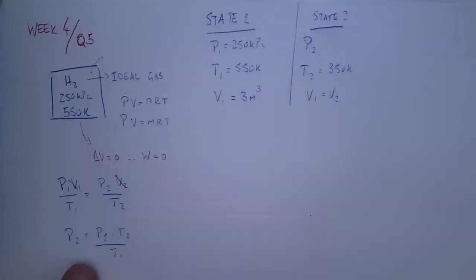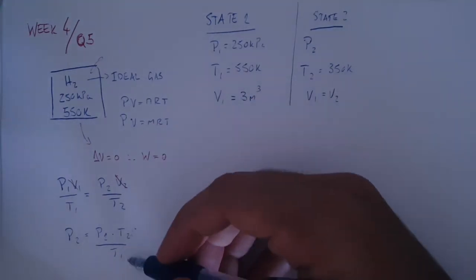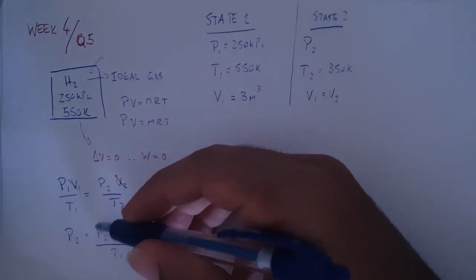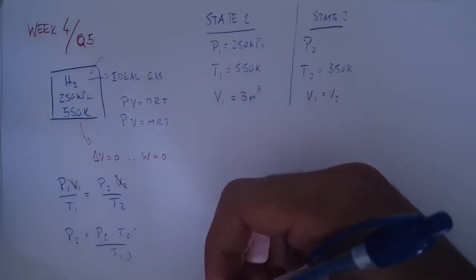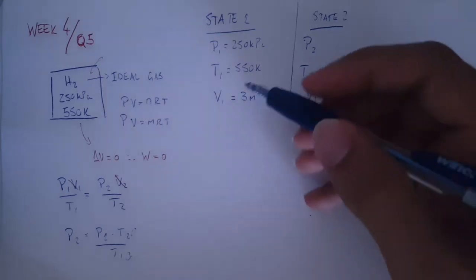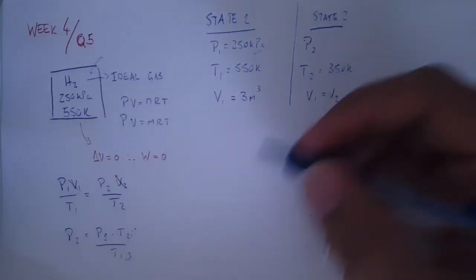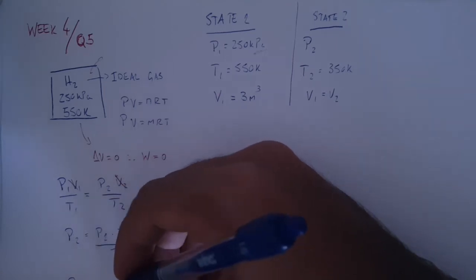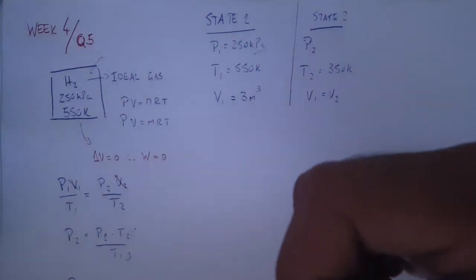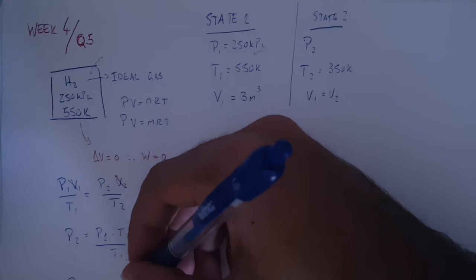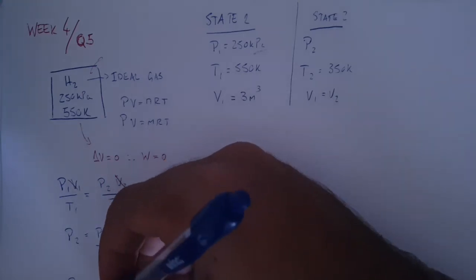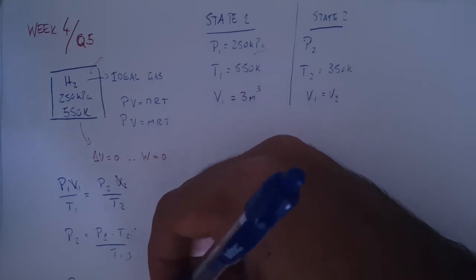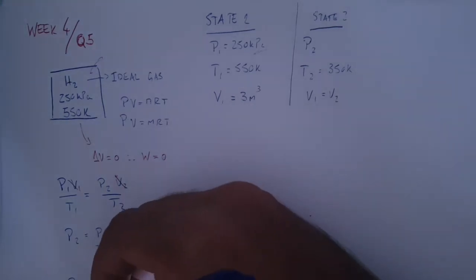Note that whatever unit you're using for temperature, as long as it's the same, is going to be cut off here, and we're left only with the units for the pressure, right? So whatever pressure we're using on this side is going to come out on the other side. So P2 is going to be 250 kilopascals times T2, 350 divided by 550, right? Again, Kelvin divided by Kelvin. Kelvin cuts Kelvin. We're left with kilopascals.